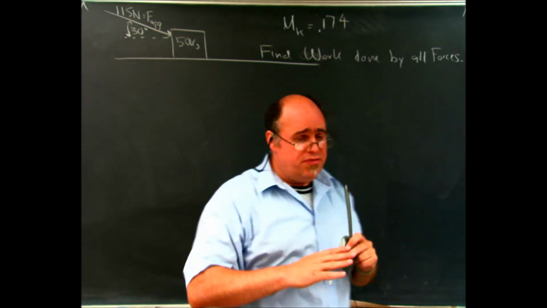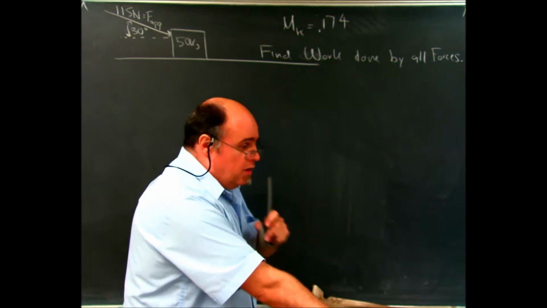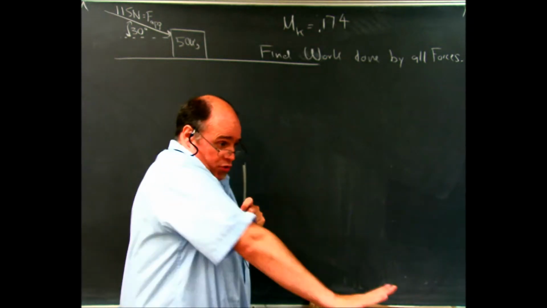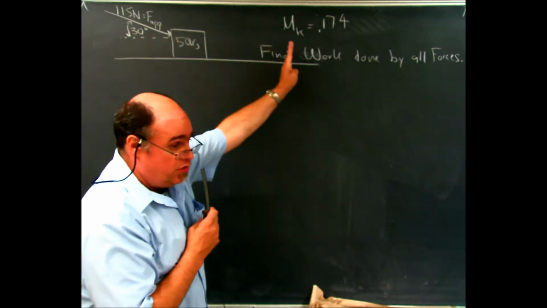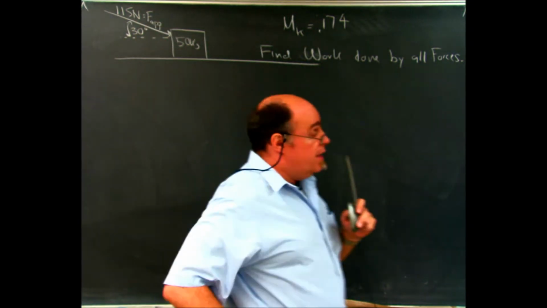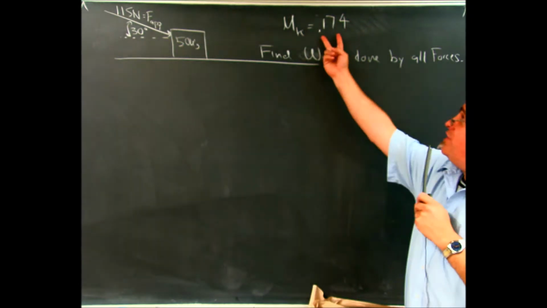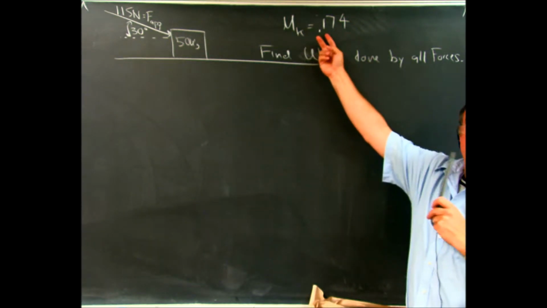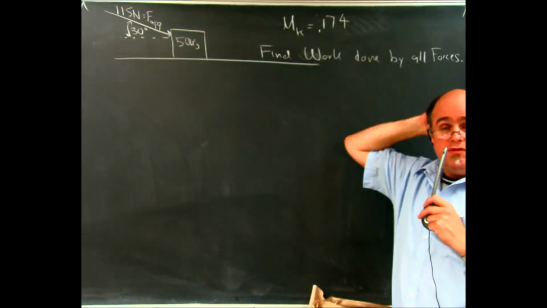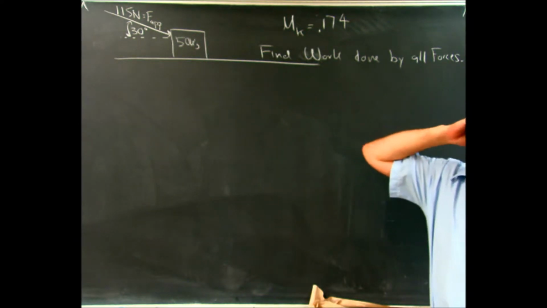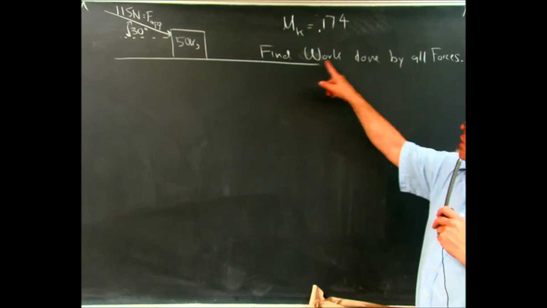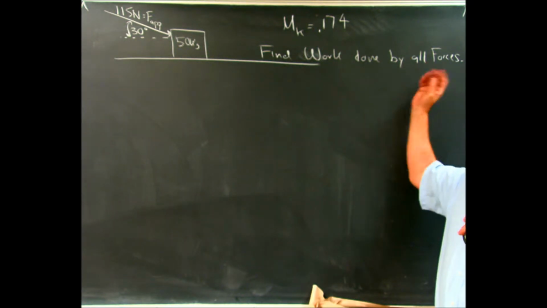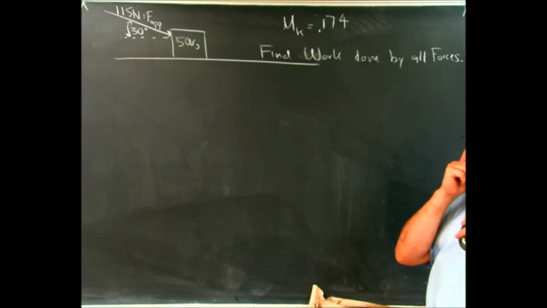So somebody's in front of this box pushing downward, so the box is being pushed down and to the right. Over here, it gives us the coefficient of kinetic friction. They say it's 0.174, so it's somewhat of a slippery surface, I guess. And they're saying, find the work done by each individual force.